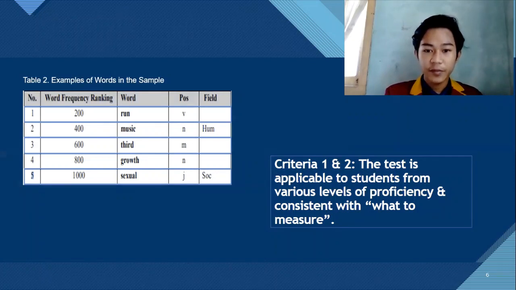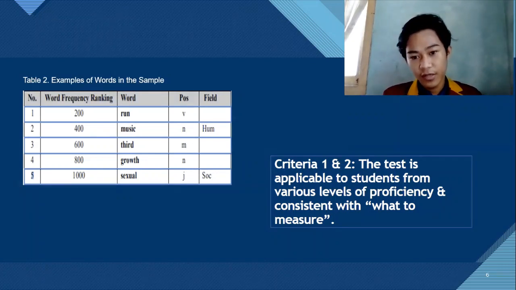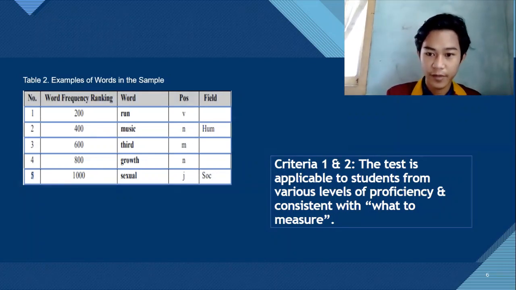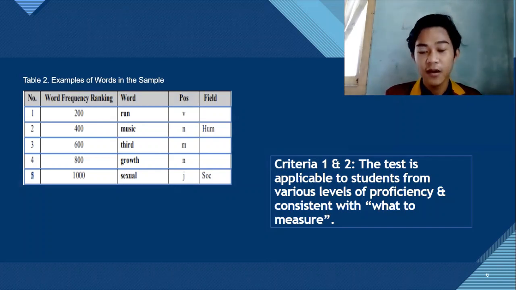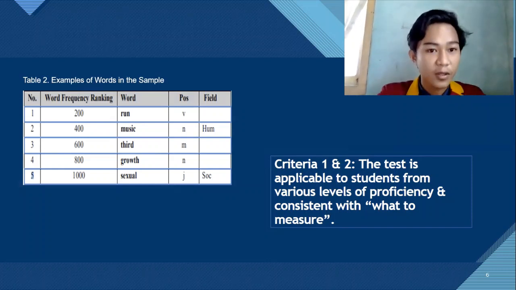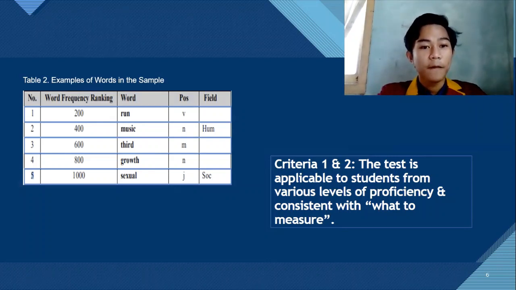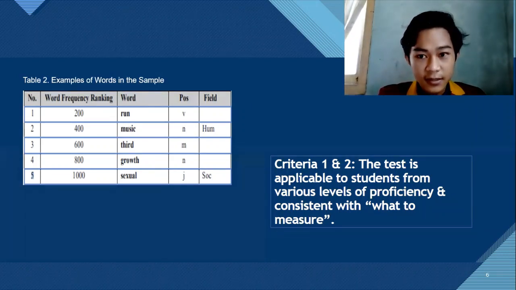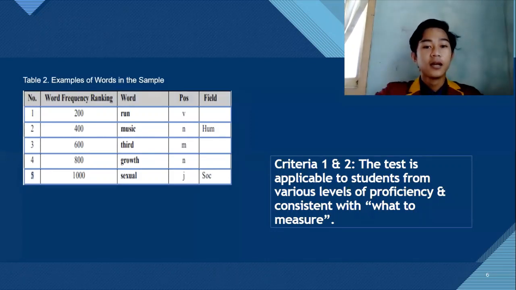The test is applicable to students from various levels of proficiency and consistent with what it is meant to measure. Okay, look at the table. Example of words in a sample, with word frequency rank. The words are run, music, third, growth, and sexual.